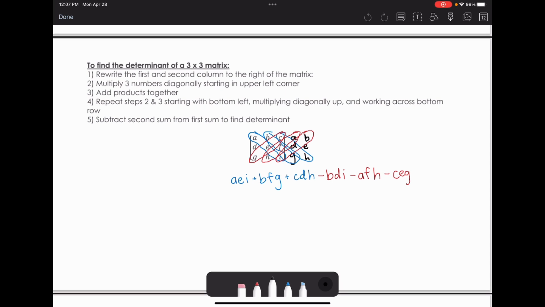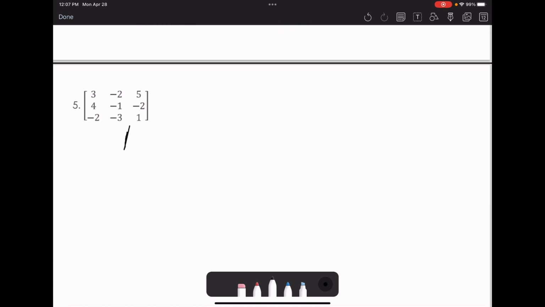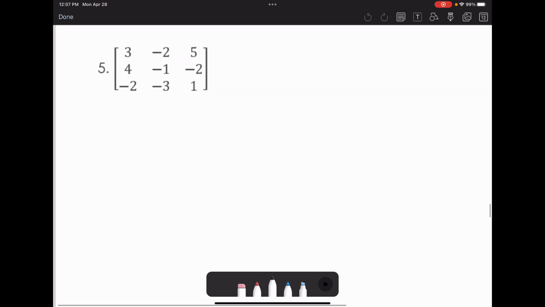Okay, let's try it. Gotta use 2 fingers. Okay, so we're gonna try it on this one. So I'm gonna take my first column and write it again, and then my second column. So we're multiplying these 3 numbers together.